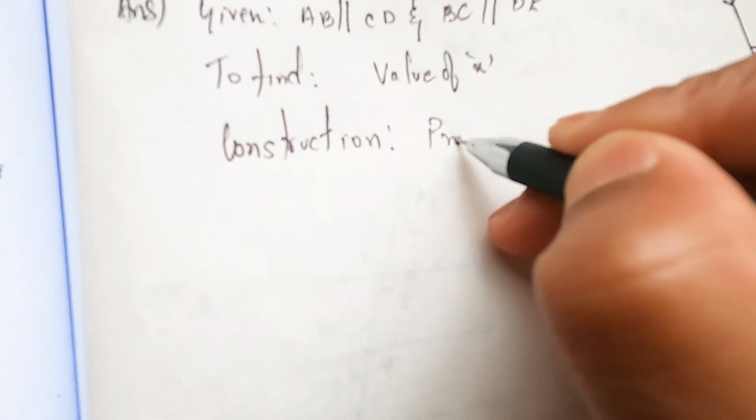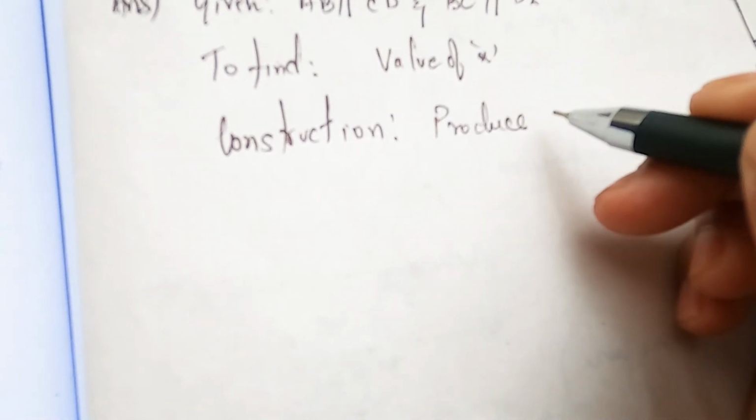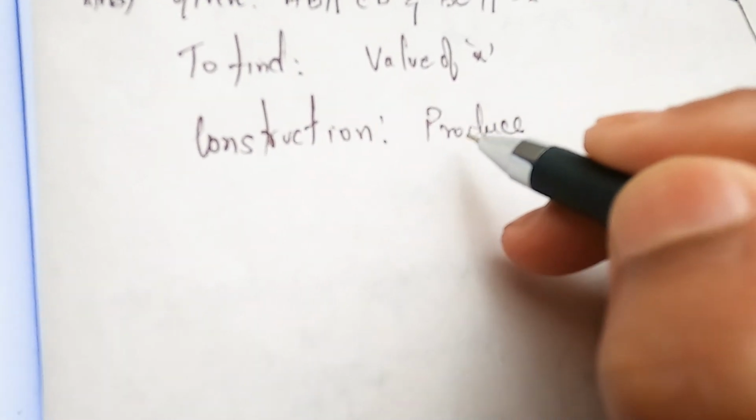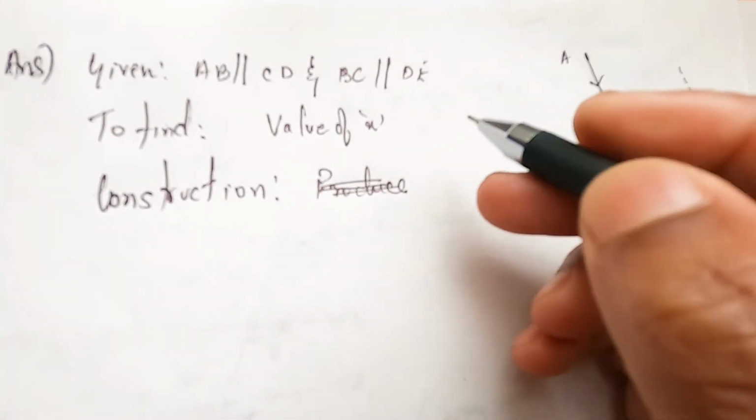All right, so we have to do a little bit of construction work. So produce, we can also say let us extend. Instead of saying produce, I'll just cut this one.